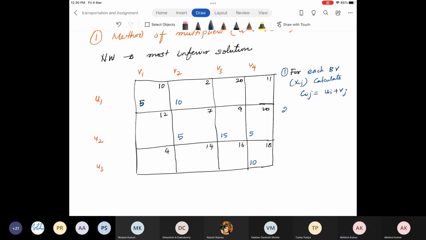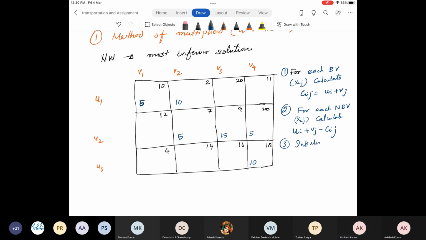First step. For each non-basic variable Xij, calculate Ui plus Vj minus Cij.